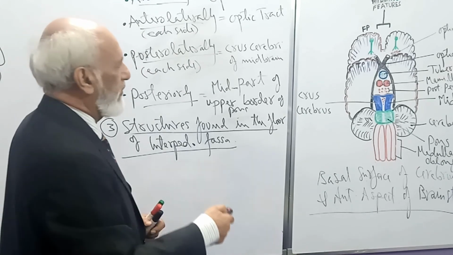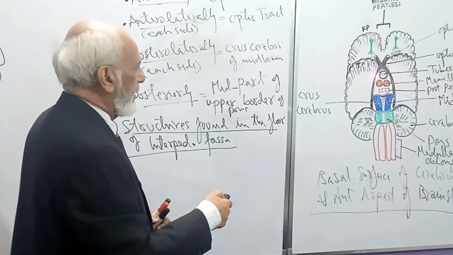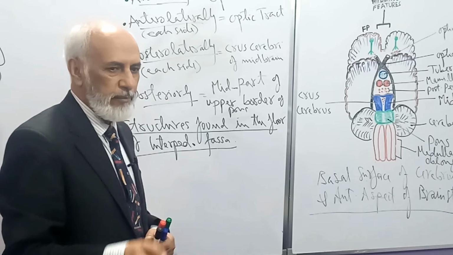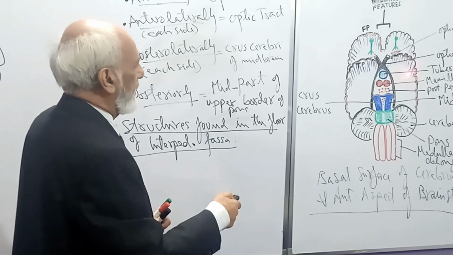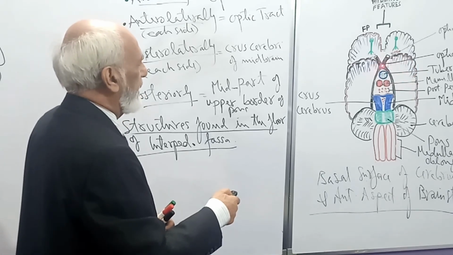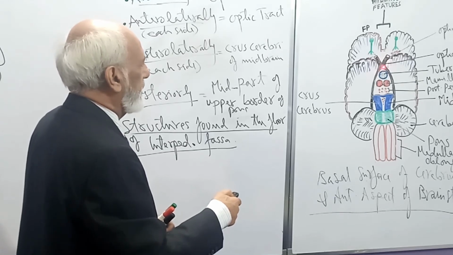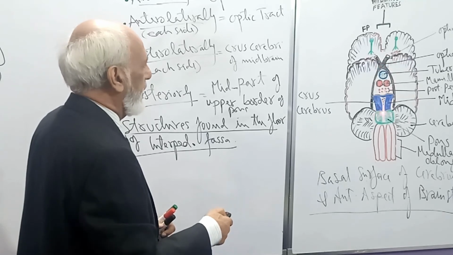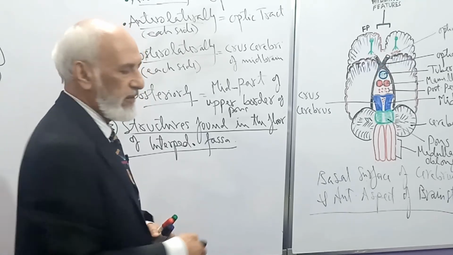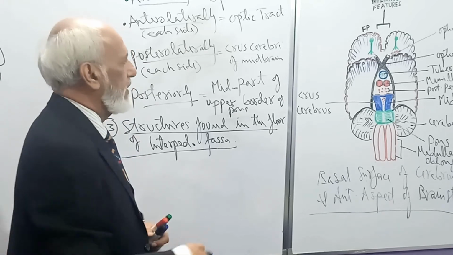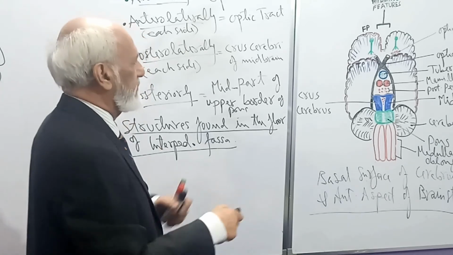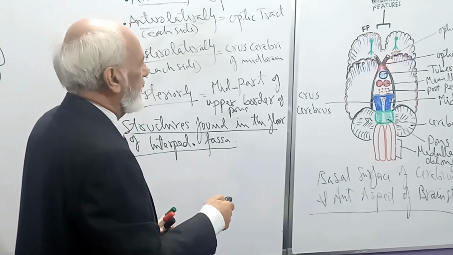So again, I will repeat, I explained what is interpeduncular fossa. Then what is its extent: it starts behind the optic chiasma and extends behind up to the mid part of the upper border of the pons. Then what are its boundaries? Anterior boundary is optic chiasma.